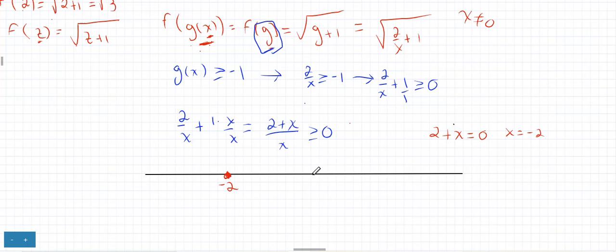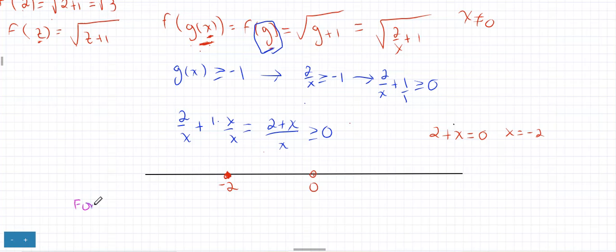Now if we look at our denominator, we know that our denominator is equal to 0 if x is 0. So let's plot 0 on the number line. And I'm going to put an open circle for 0 because we know that we're not allowed to divide by 0. What we're going to do now is start seeing what's happening with the sign when we input values that are to the left of negative 2, in between negative 2 and 0, or to the right of 0. So let's start doing that. Let's take a number to the left of negative 2. For instance, let's consider x equal negative 3.